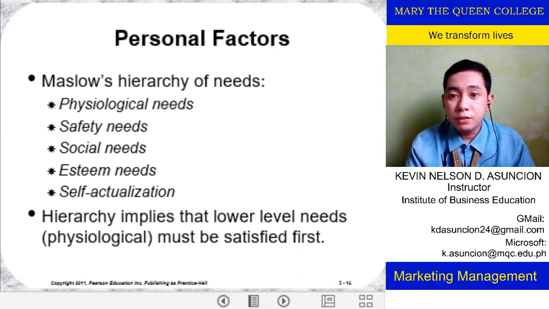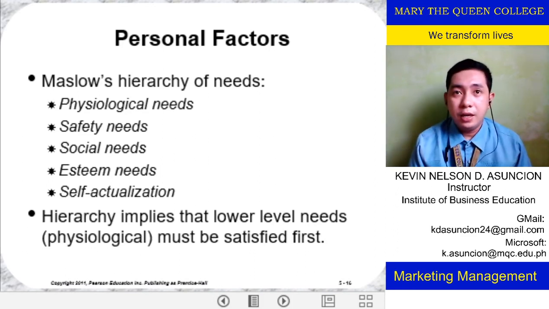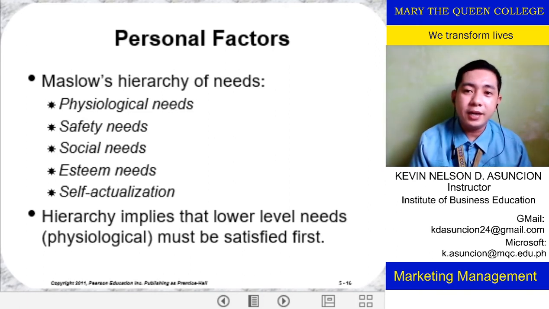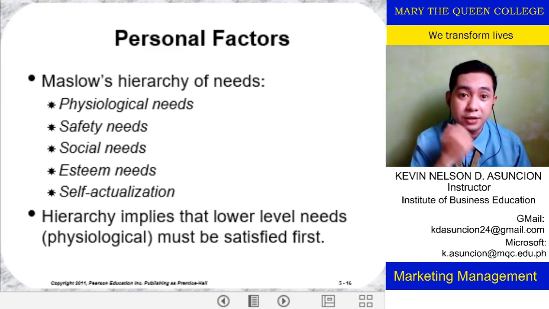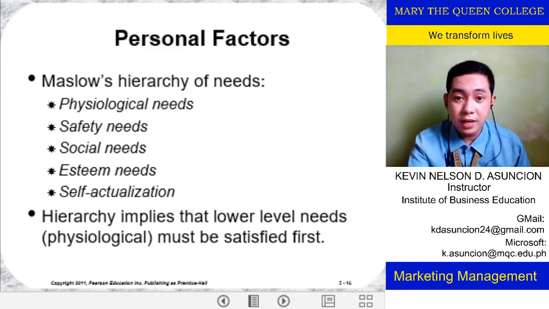Of course, kung ikaw ay nasa lower level status, of course you need to purchase physiological needs first, no? At some point yung ibang mga kailangan yung bilhin o gusto nyong bilhin, yung pwede na, no? At least meron ka to satisfy yourself, no? It's because sakto lang yung kinikita nila, no?